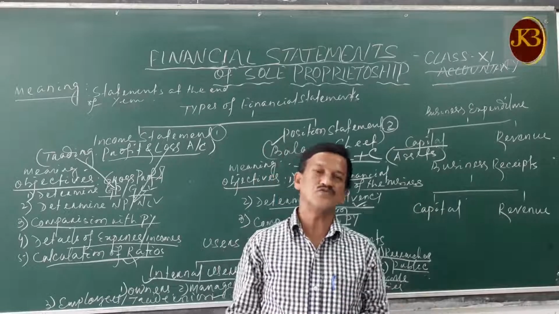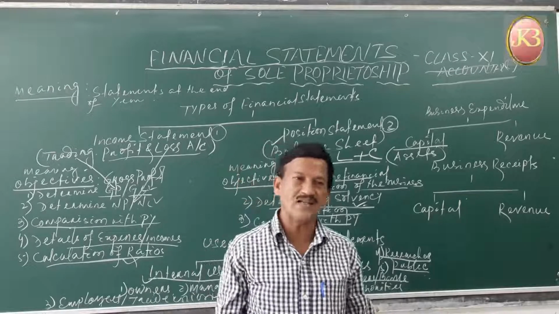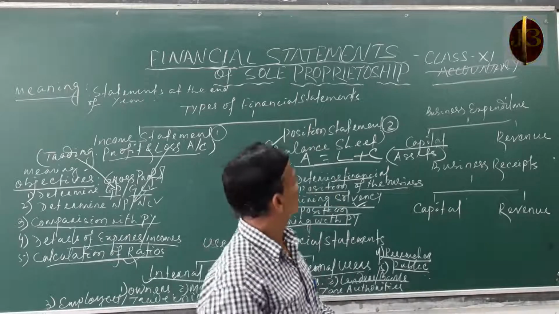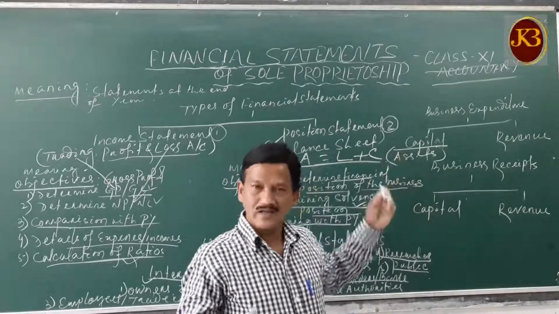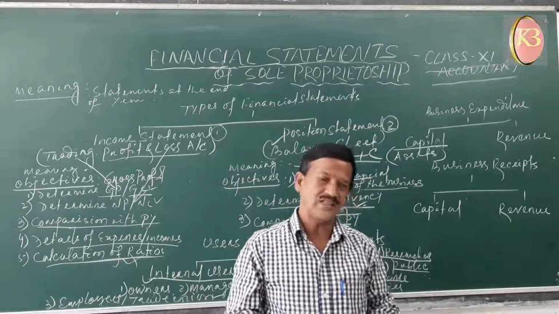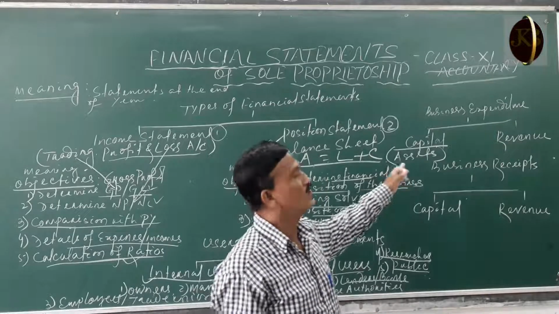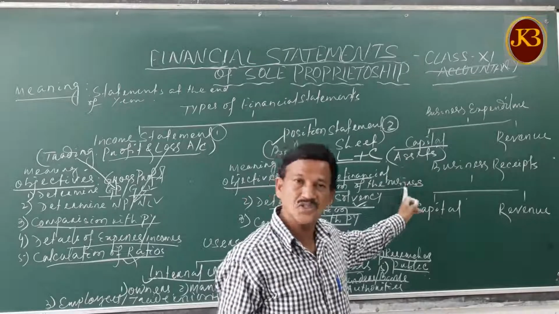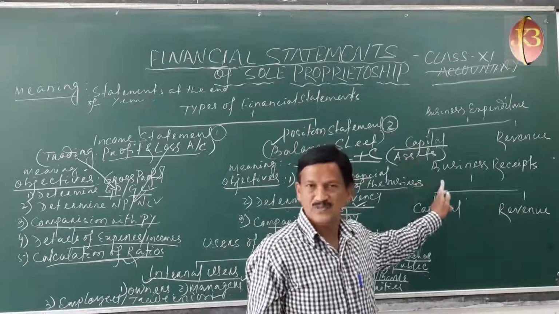That means if you have purchased a building, land, machineries, furniture, plants, etc., then this is a capital expenditure, because capital expenditure is incurred for generating revenues over a long period of time. It helps in increasing your profit for a longer period of time. It is not short-term use, it is long-term use. That's why it is called capital expenditure.